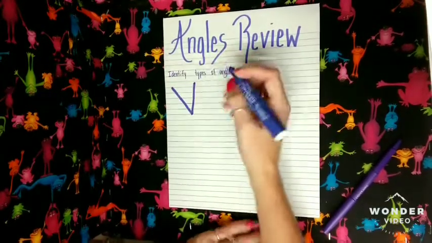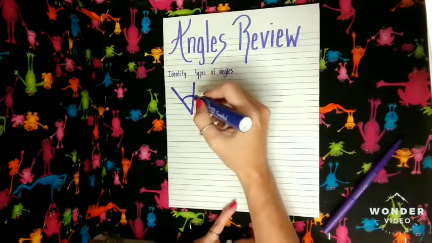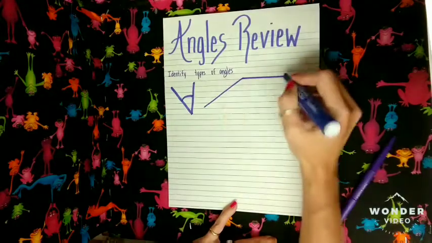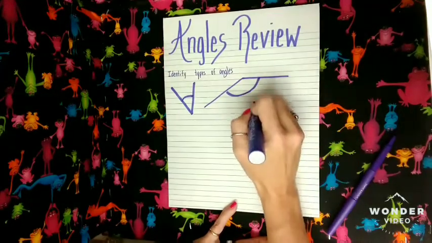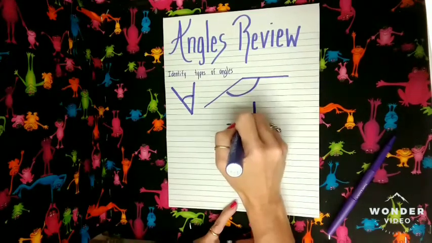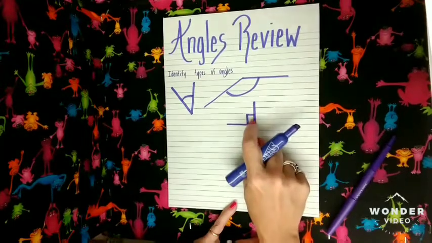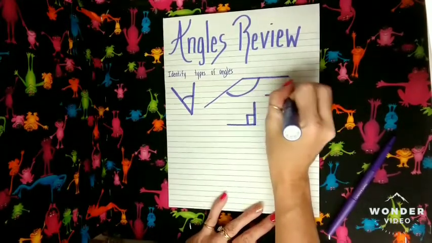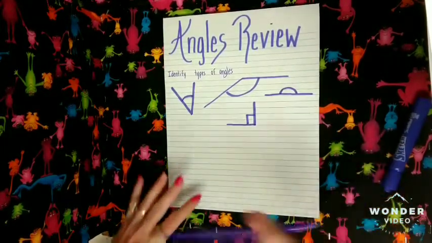We look at this particular angle. They need to be able to identify that this is an acute angle. They need to be able to identify this is an obtuse angle. They need to be able to identify that this is a right angle, and it won't have that there. That's the international sign for right angle. It won't have that. They need to be able to identify that this is a straight angle. So they have to be able to identify all those.